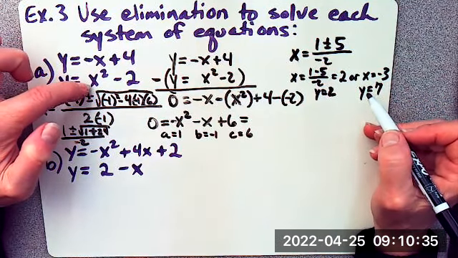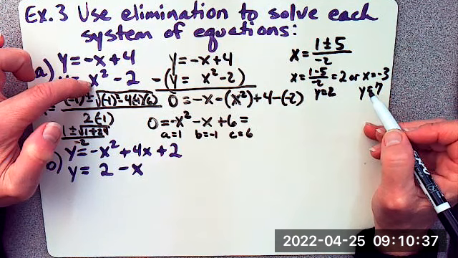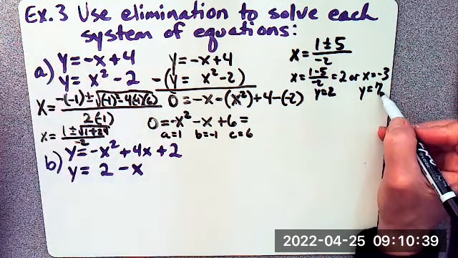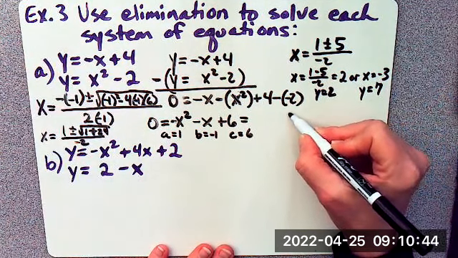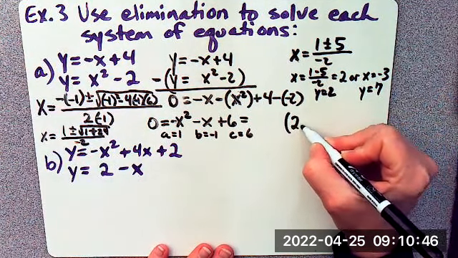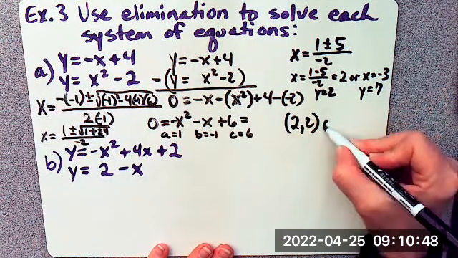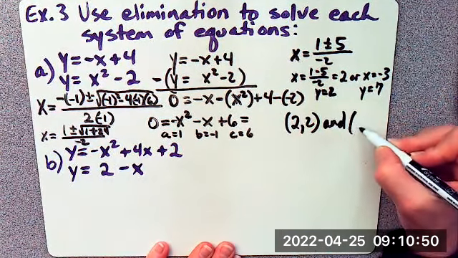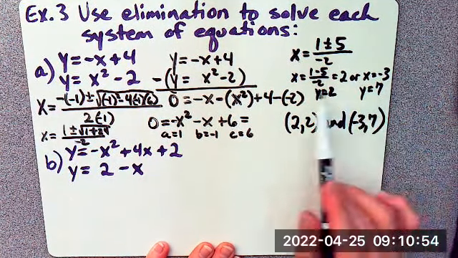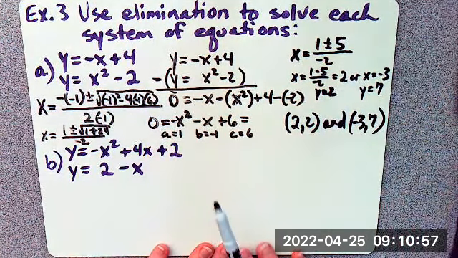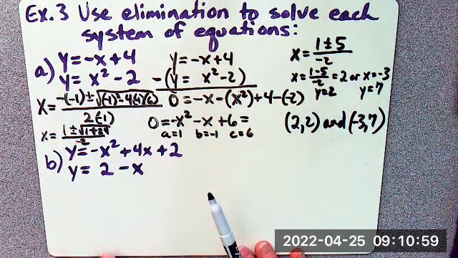Then we have -3 squared is 9, minus 2 is also 7. So then that means that our solutions actually are (2, 2) and (-3, 7). So they should work for both equations. So that's a wonderful way to check.